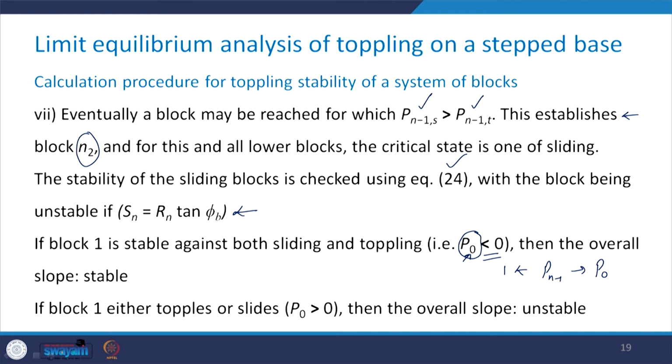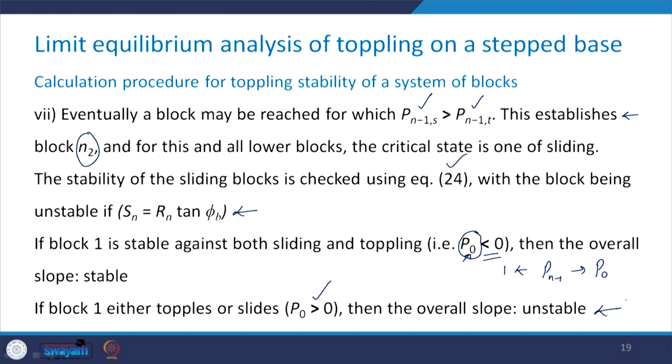Now, if block 1 either topples or slides, that means if this P0 is greater than 0, then the overall slope is going to be unstable. So, this is how we can find out whether the slope is going to be stable or unstable.